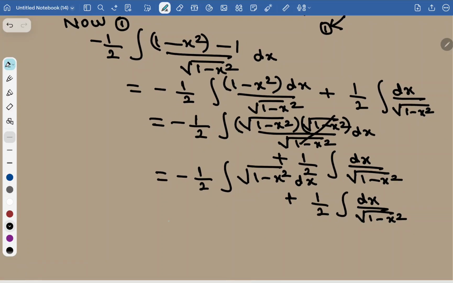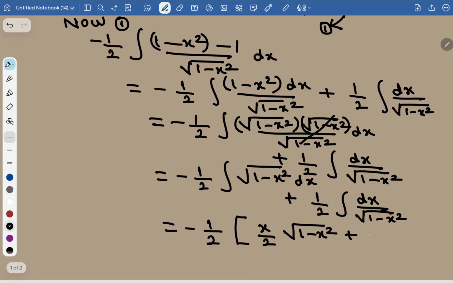Already in the previous problem we wrote the formula for the first part. Integral of root of a square minus x square dx, the formula is x by 2 root of 1 minus x square plus a square by 2, 1 by 2 sine inverse of x plus c, plus 1 by 2 sine inverse of x plus c.